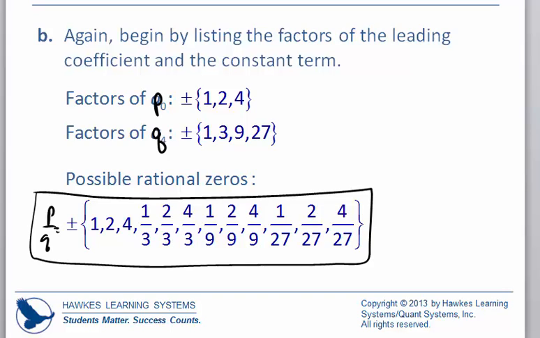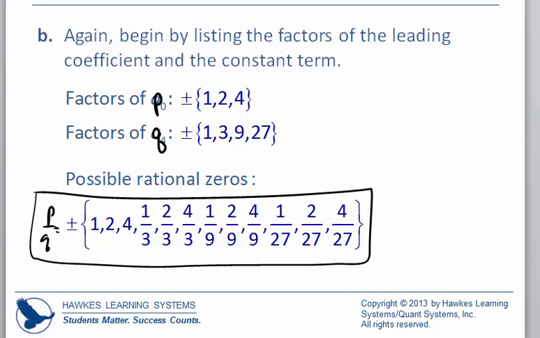Now, again, the best thing you can do here is use your calculator, graph your original function, and see what makes sense to check. One thing that makes sense to check would be maybe 4/3.